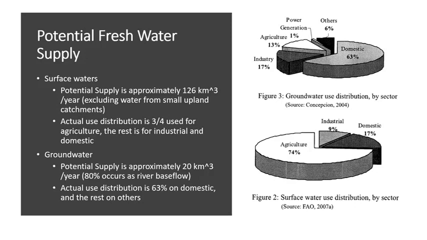And then for groundwater, the potential supply is approximately 20 cubic kilometers per year. And for groundwater, the story is quite different. 63% is used for domestic purposes, meaning household supplies.